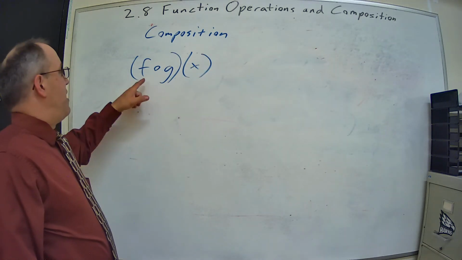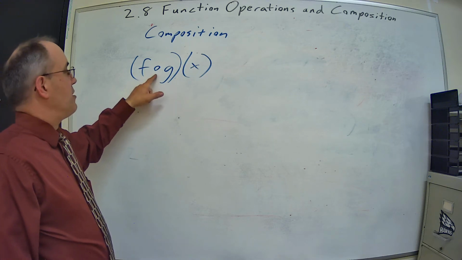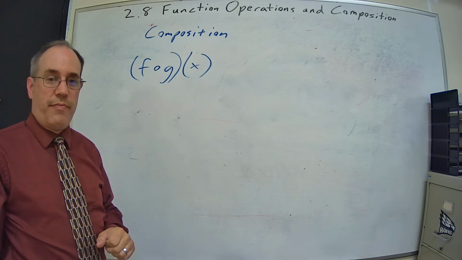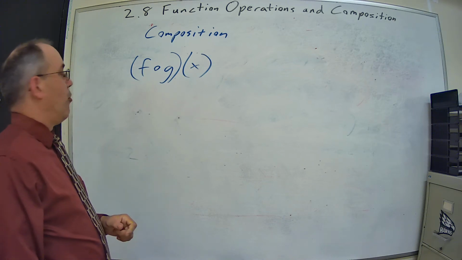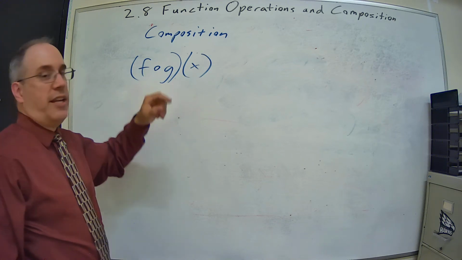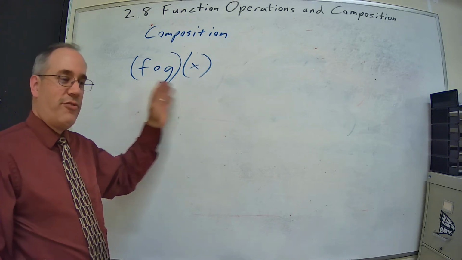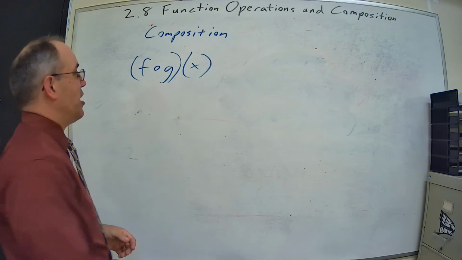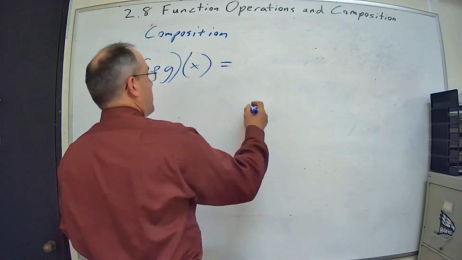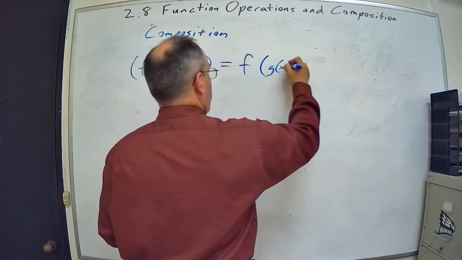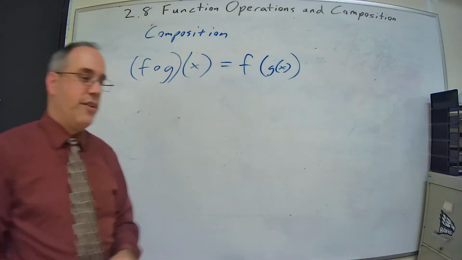And that is said f composite g of x, or f of g of x, which when you say f of g of x, it starts to help you understand what that means: you're taking f of g of x.